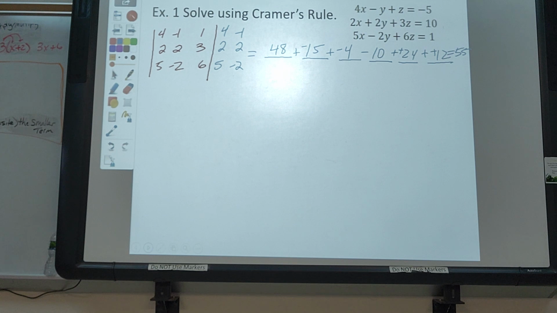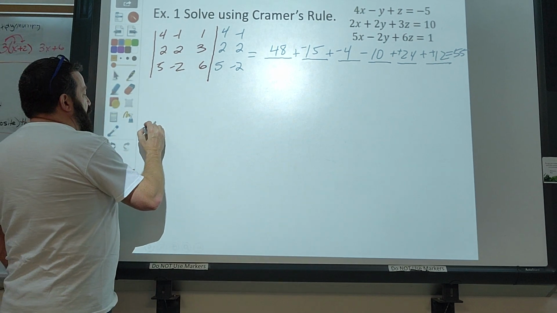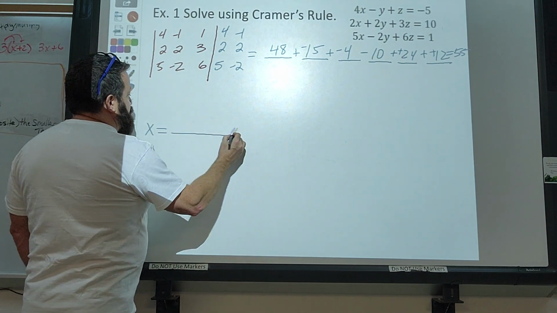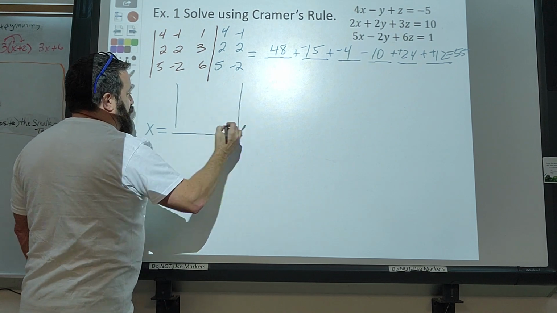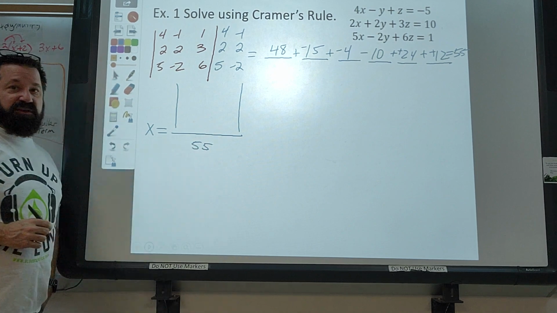I think I did this same exact system, and I even told you at the time this is what we're going to do later on with Cramer's rule. I did it with augmented matrices or something like that. I don't remember which method I used. But my denominator is 55. So when I'm doing x equals, I'm going to have a 3 by 3 on top, and then the denominator is automatically 55.